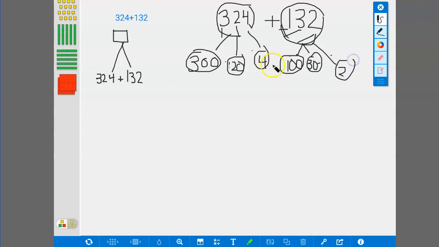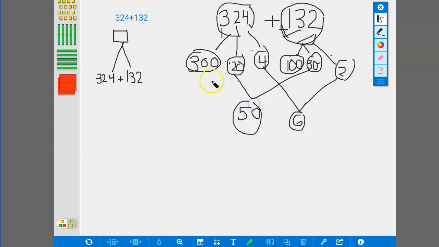So then we put the 4 and the 2. 4 plus 2 makes 6. And then we're going to put 20 and 30 together, which makes 50. And then we put the 300 and 100 together, which makes 300. I'm sorry, it makes 400.